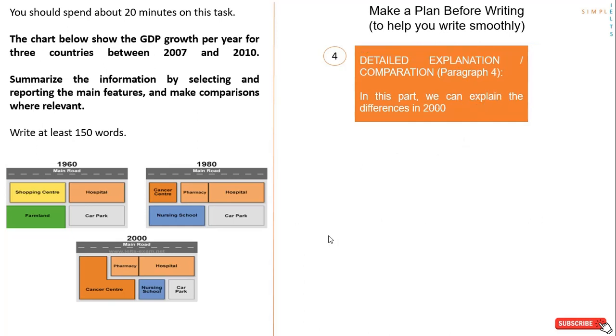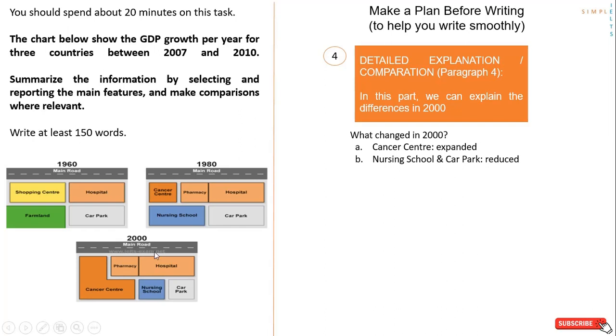Okay, and then in paragraph 4, we can talk about the differences in 2000. So what changed in that year? Cancer center, it expanded, it became larger in size, it formed an L-shaped structure. At first it was just a square, and then it became larger with an L-shaped structure.